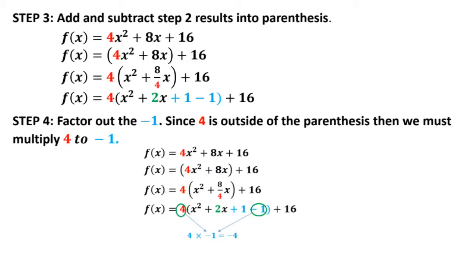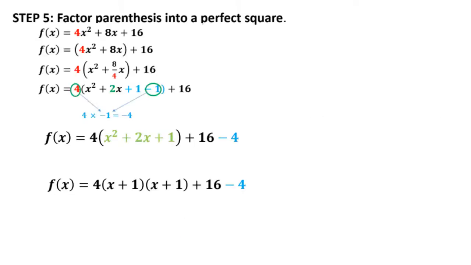So we can do a little bit of math manipulation to borrow that positive 1 for us to have that perfect square. And a perfect square, if you can see, we wrote it here. This x squared plus 2x plus 1 is represented by x plus 1 times x plus 1. This is what's called a perfect square.